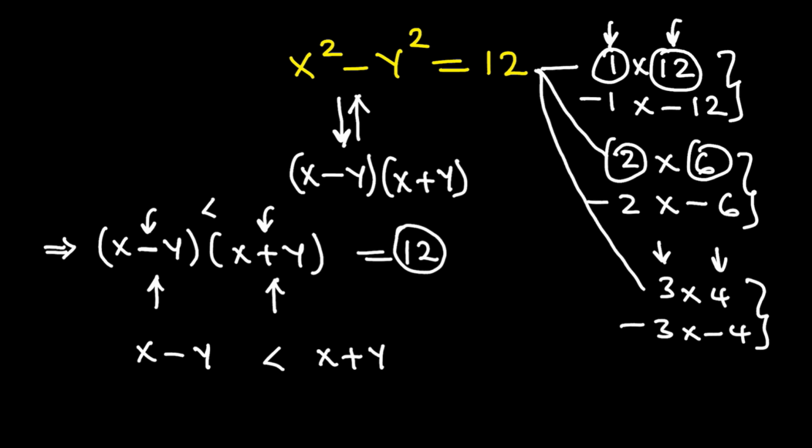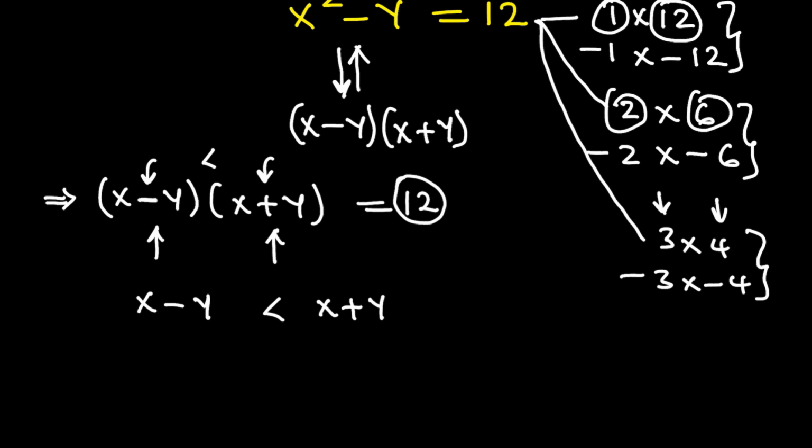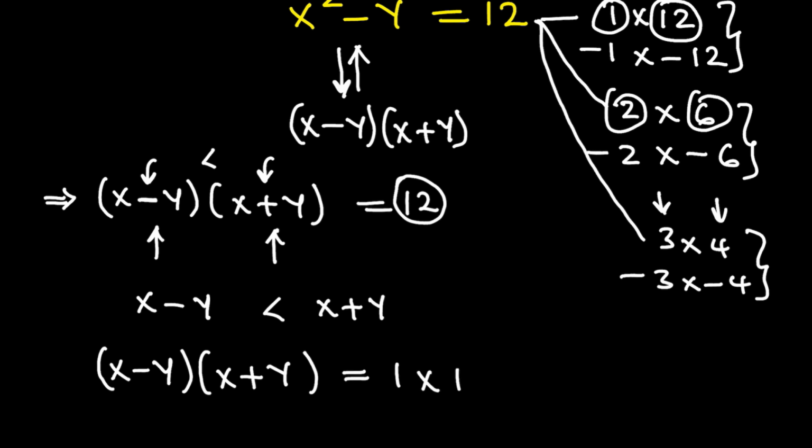So let's try each of these factors out and see how we can solve for x and y. So I have x minus y times x plus y is equal to 12. I'm going to start with the first product, which is 1 and 12.